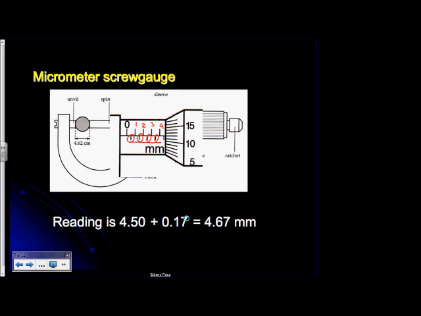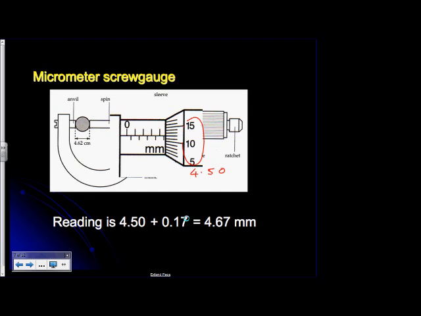So on this particular scale, we can see that little mark down the bottom there. So therefore the reading is 4.5 millimeters plus a bit extra, and we have to decide what the bit extra is. I'm going to write it down as 4.50, and then for the bit extra we use this scale here and see where things best line up across here.